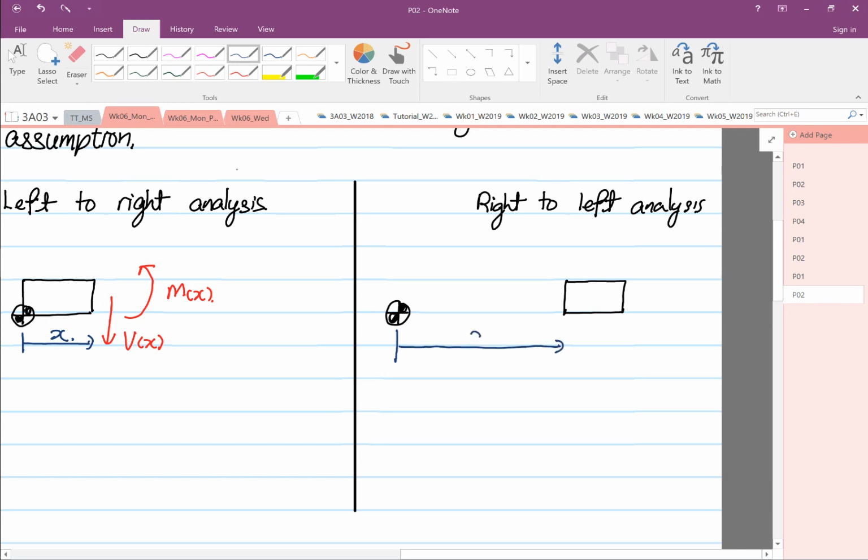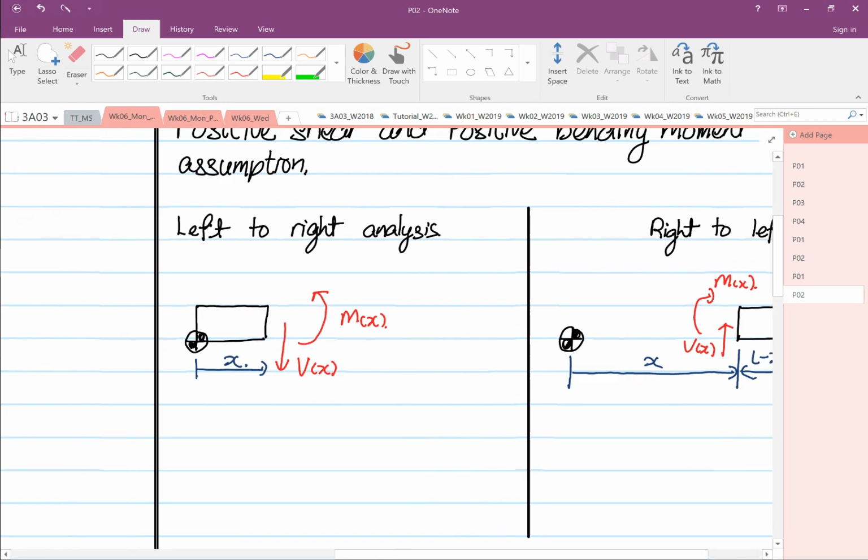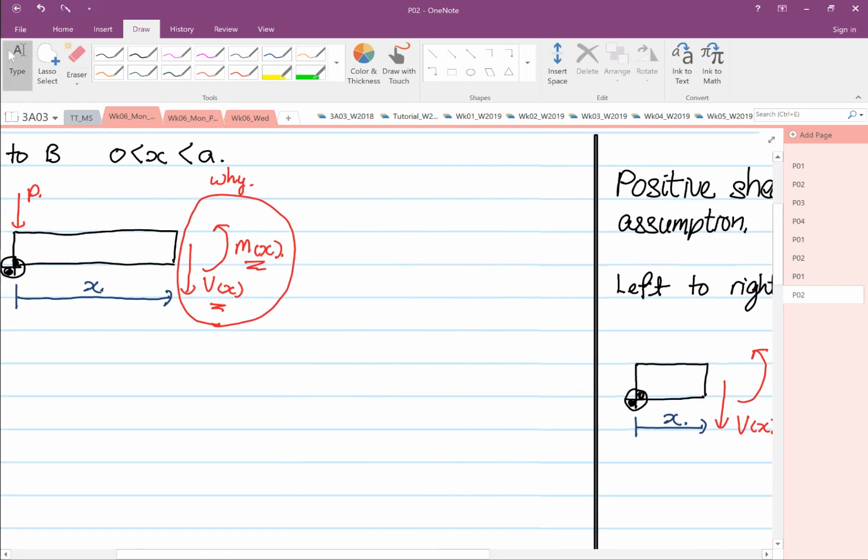Your slider now over here is X, and the distance from here to here is L minus X. And when there's a case, this is your positive shear, and this is your positive bending moment. So this direction is what we call positive shear, positive bending moment, and hence you have this relationship.